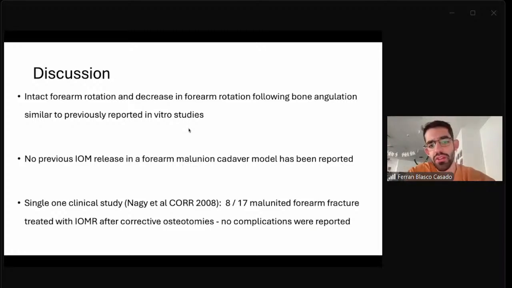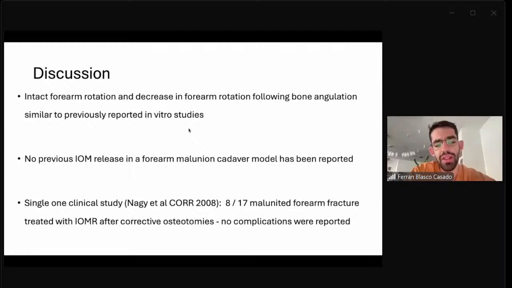In terms of discussion for the in vitro part of the study, we found that intact forearm rotation and the decrease in forearm rotation following the bone angulation were similar to previously reported studies. No previous interosseous membrane release in a forearm malunion cadaver model has been reported to date.